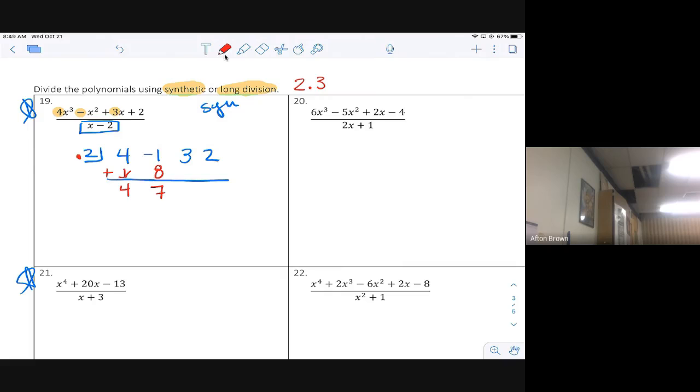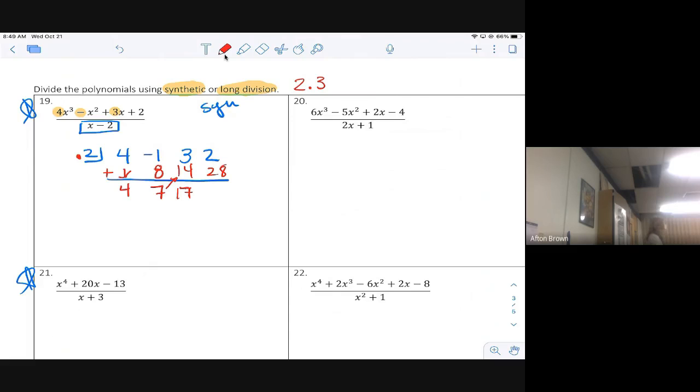Multiply again, and bring it up. So 2 times 7, 14. Gives me 17. Two times 17 is 28.